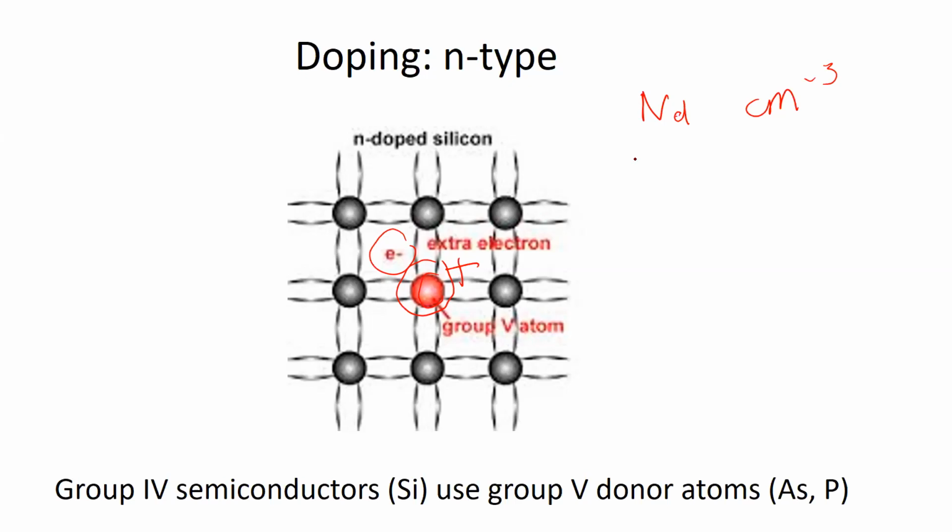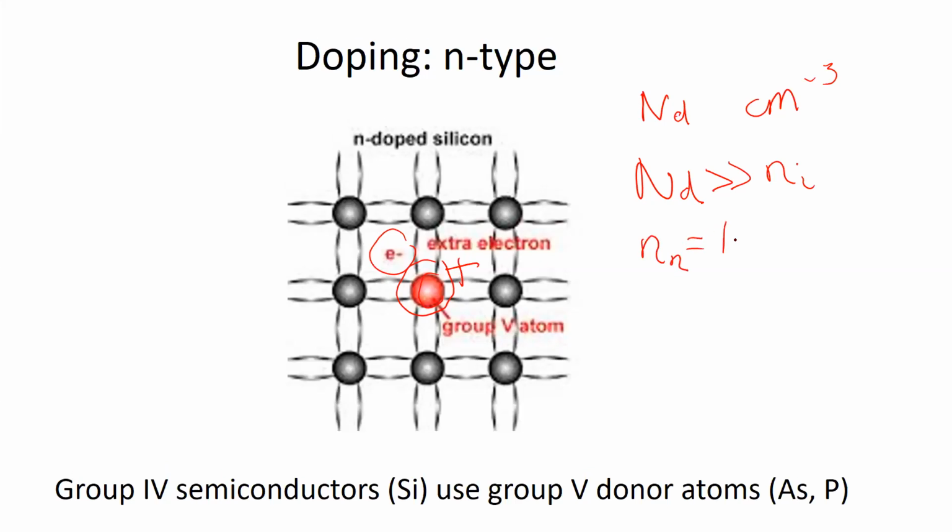This means that ND, the doping concentration, gives you a lot more carriers than the intrinsic carrier concentration. And because of this, we can approximate that the number of electrons in an N-type material is equal to the donor concentration.